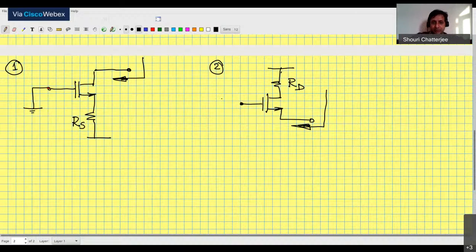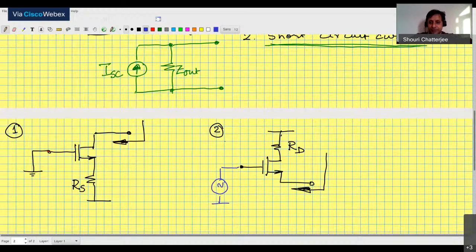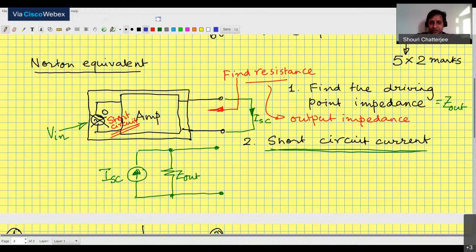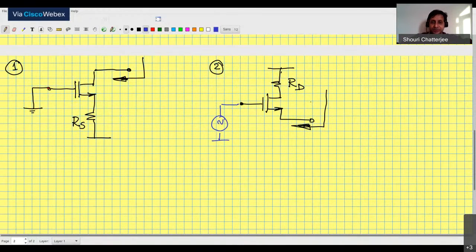Similarly, in the second setup, you are supposed to apply input over here, but remember, when you are finding the resistance, you have to short circuit the input. So really, you are going to kill this and short it out.